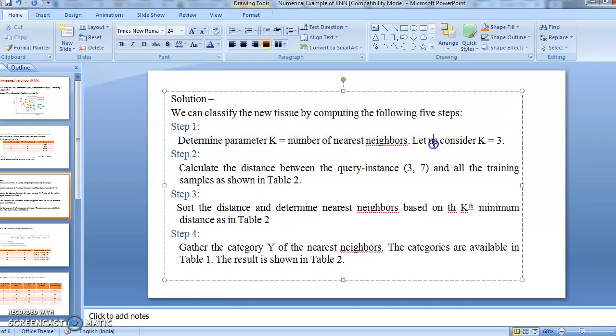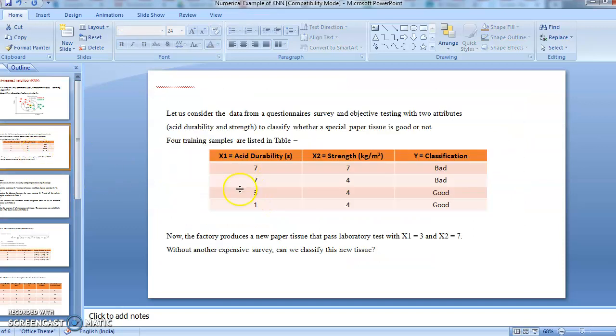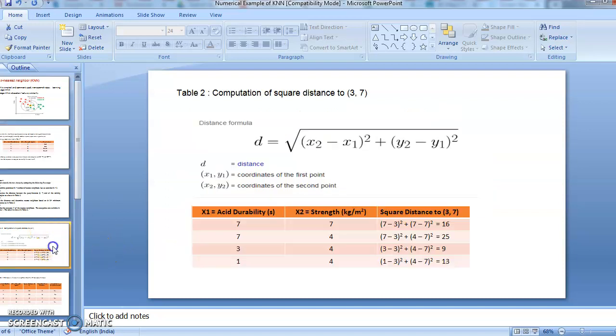Let us assume that we are going to consider 3 data points as the neighbors of the given sample out of 4 instances. It depends on you. You can consider 2, you can consider 4. It depends on how many tuples are given in the table.